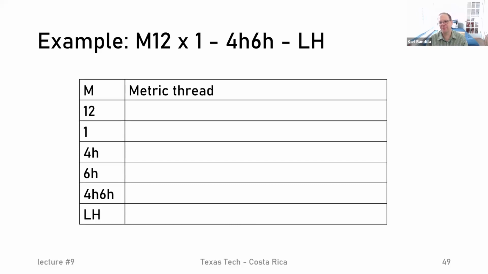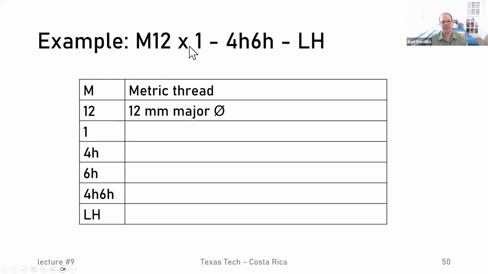It's a metric thread. M is for metric. What did the 12 stand for? And the first number. Was the diameter. Which one? Oh, we have two. The major. The major one, exactly, right? So 12 millimeters. And you will notice that there's not a space between M and 12, right? So those are written right together.